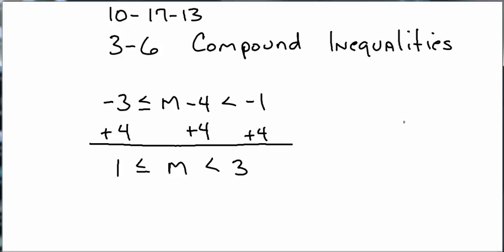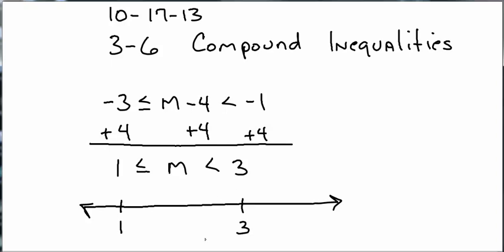Now, when the variable is in the middle, when you graph these, draw your graph right underneath your solution. See how the smaller number's on the left? Just make that a 1 and make this a 3. On the 3, we're open. Agreed?